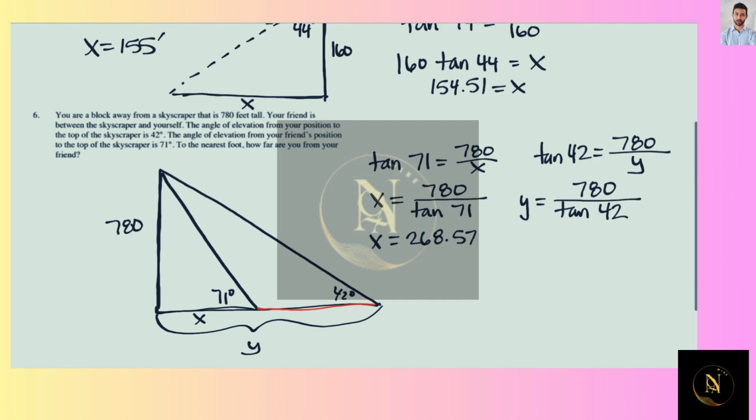And 780 divided by the tangent of 42 is 866.27. The question was the distance from the friend, so if I take y and subtract x, I get about 597.7. So I would say I'm about 598 feet away from the friend.